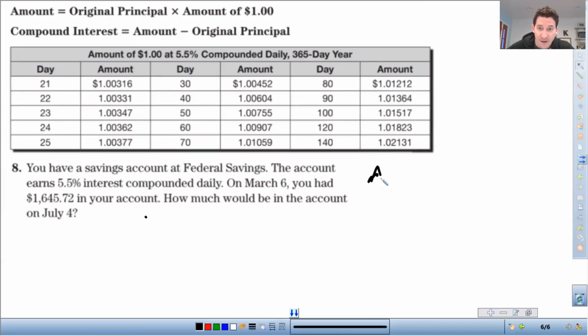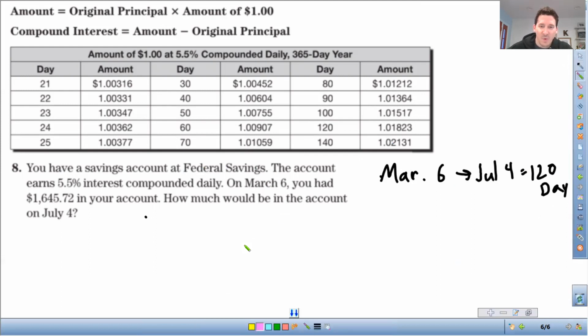So from March 6th to July 4th, I already calculated this out. It's 120 days. So you can just count the days, figure it out.